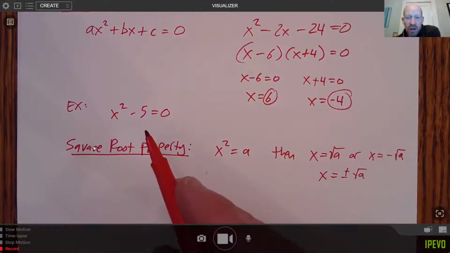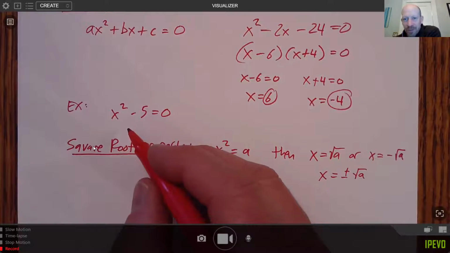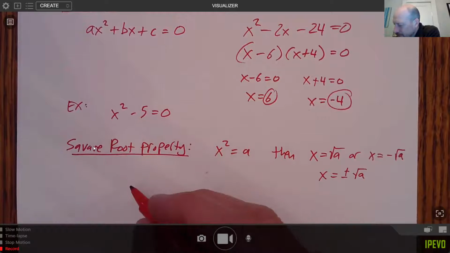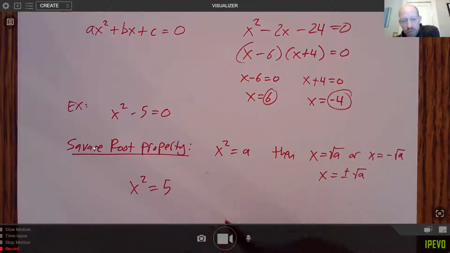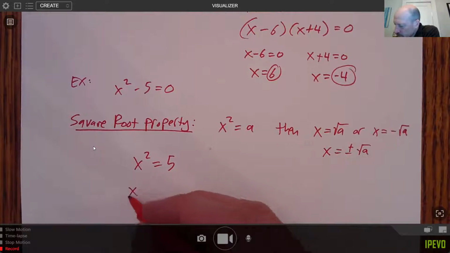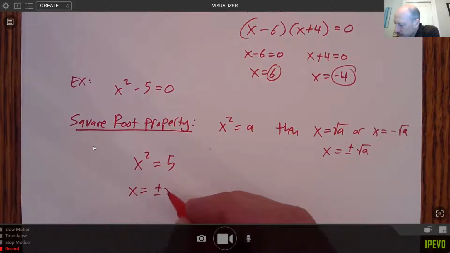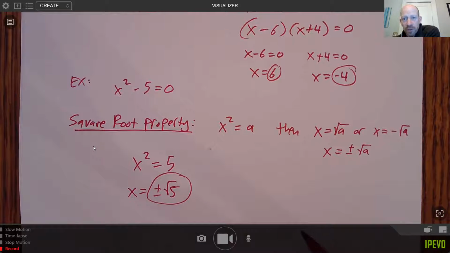So this one here is perfect for the square root property. Not surprisingly, I wrote it out expecting that. I moved the 5 over, and the square root property says my solutions are plus or minus the square root of 5. Two solutions because it's a quadratic.